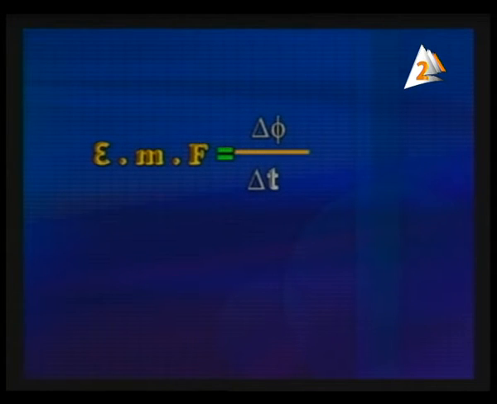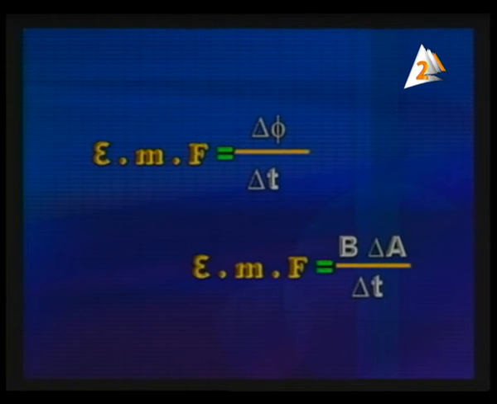From Faraday's law, EMF is equal to N delta phi over delta t. We don't have any turns, so EMF is equal to delta phi over delta t, which is equal to magnetic flux density times the change in the area of the linked flux lines over delta t.